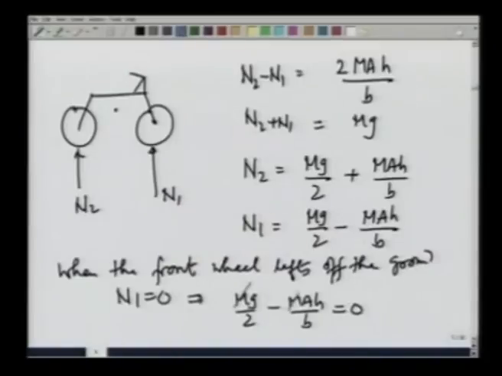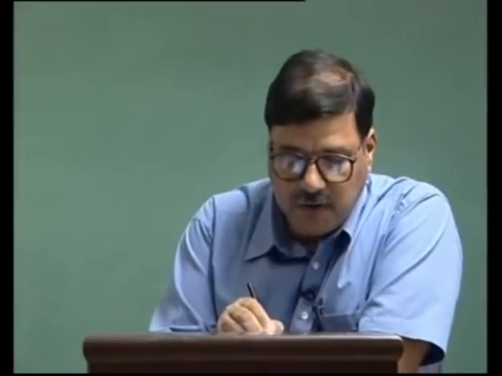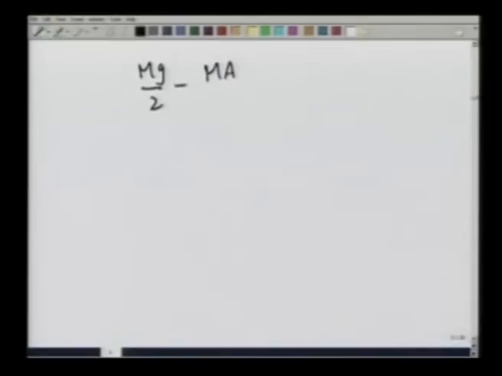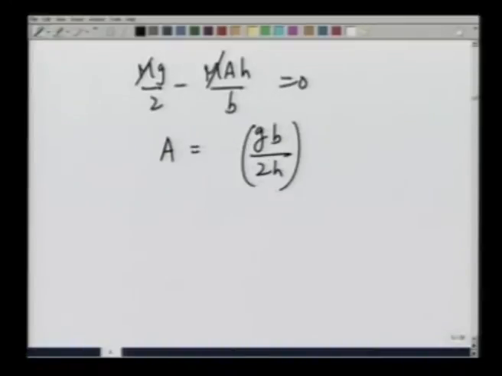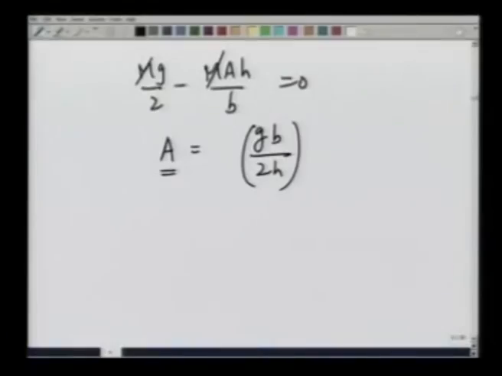M drops out, and therefore A equals gb over 2h. If the acceleration is gb over 2h, the front wheel would start lifting off the ground. So if you keep acceleration below this, the front wheel doesn't go up.